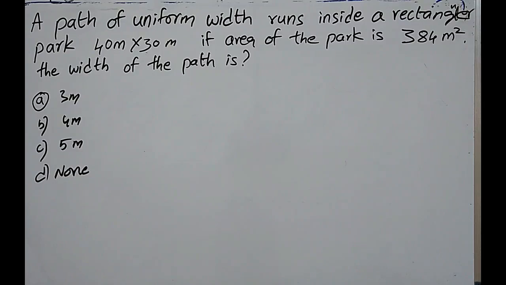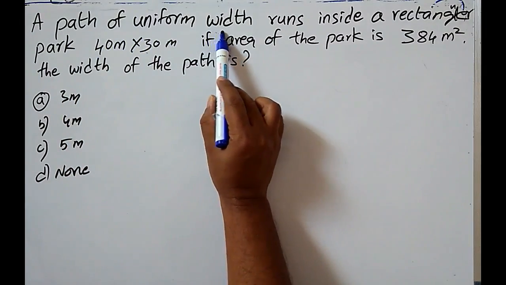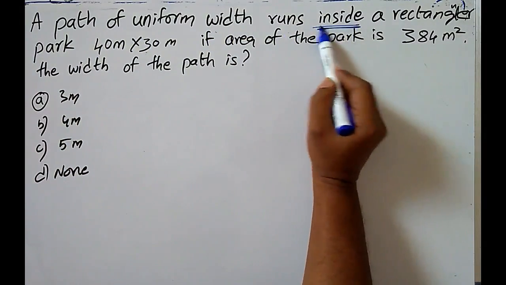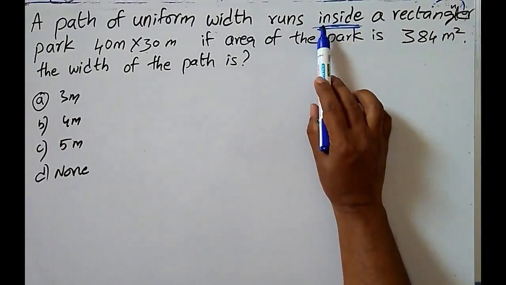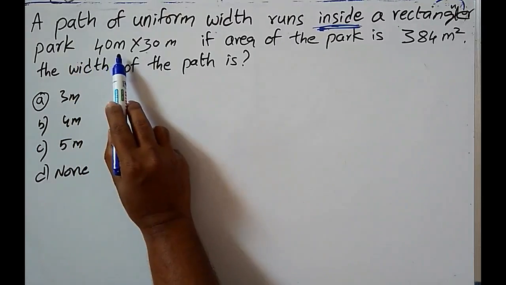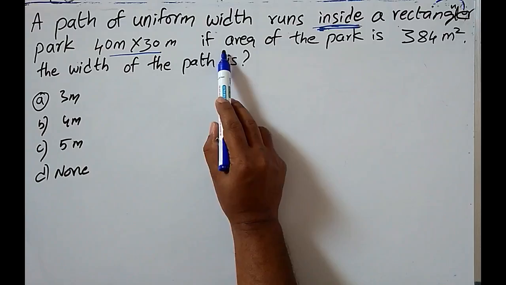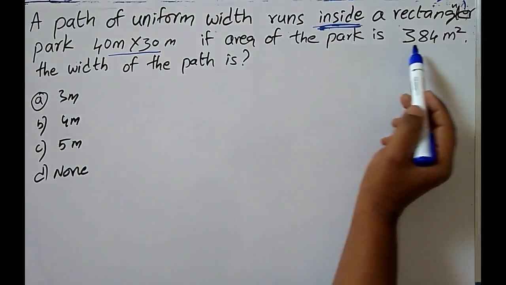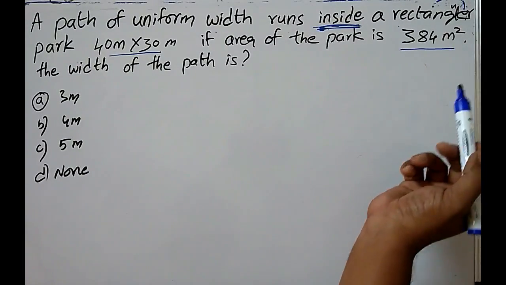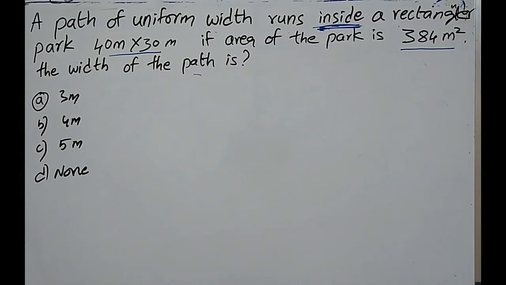Now a problem of the same model, but there is a small difference. A path of uniform width runs inside, you have to note this, runs inside a rectangular park of 40 by 30 meters. If the area of the park is 384 meters square, find the width of the path.